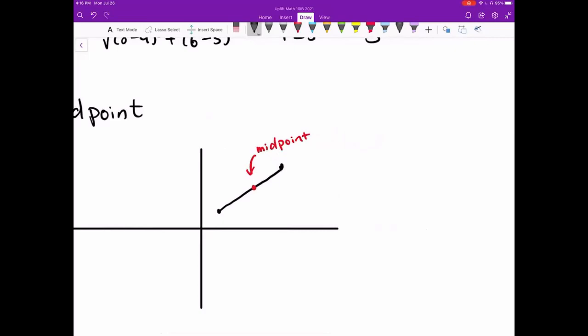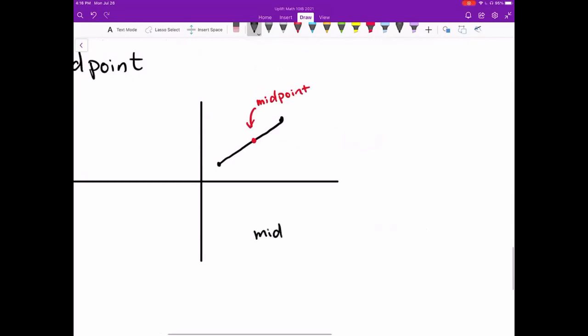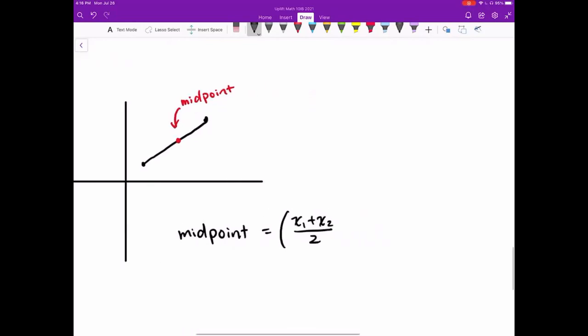Those 2 numbers will be the midpoint. So the coordinate of the midpoint will be x1 plus x2 over 2, because that's the average, and y1 plus y2 over 2. That's the average for the y coordinate.